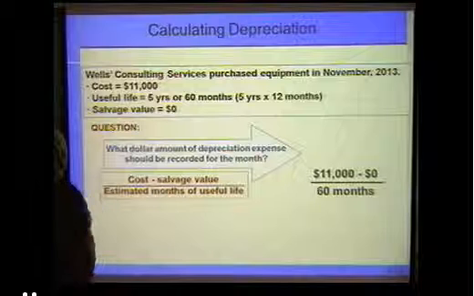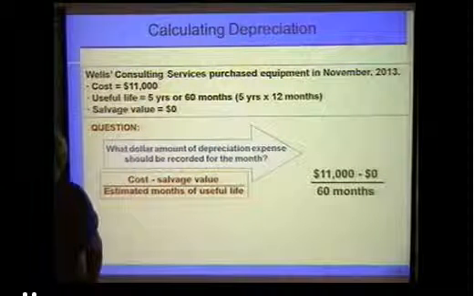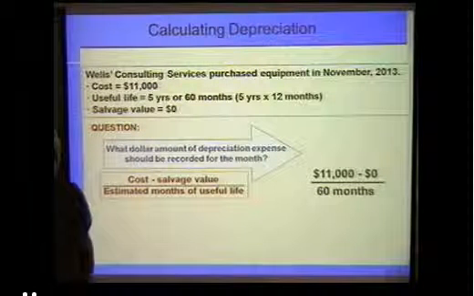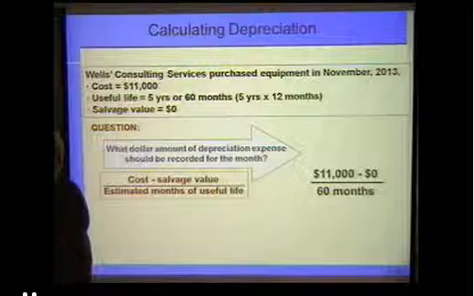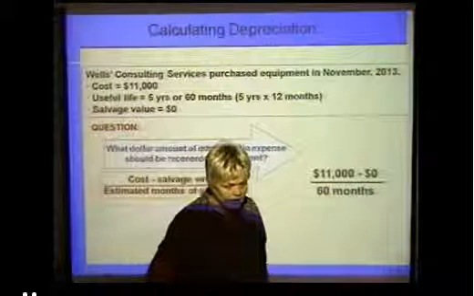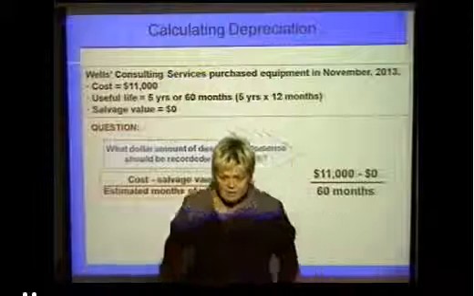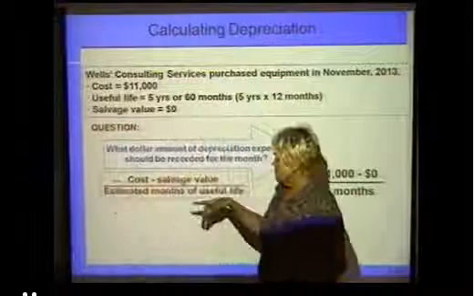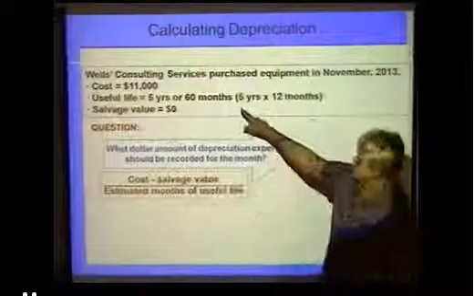Now our formula is figured on what, years or months? So we change our years into months, 60 months, so we can come up with a monthly amount that we're going to use as our adjustment.